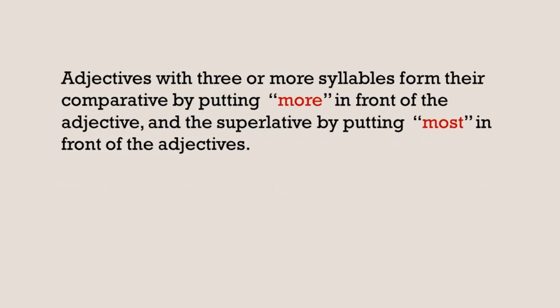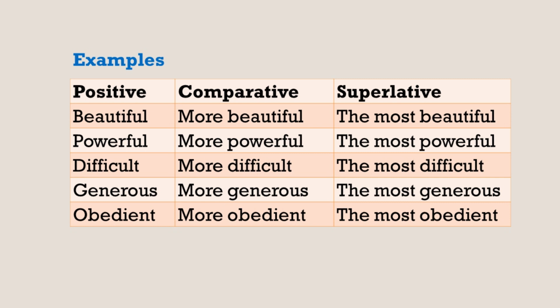Rule 7. Adjectives with 3 or more syllables form their comparative by putting more in front of the adjective and the superlative by putting most in front of the adjective. Examples: in the positive, we have beautiful, powerful, difficult, generous, and obedient.